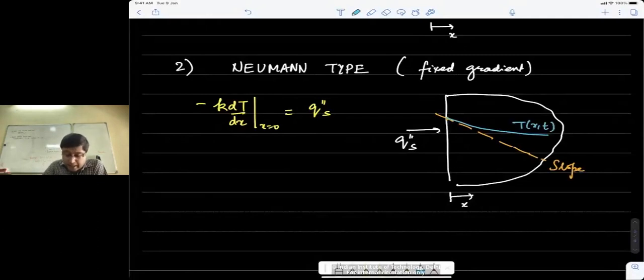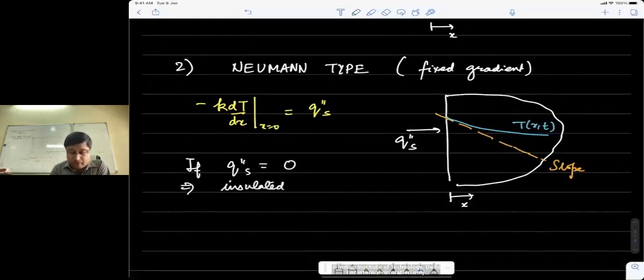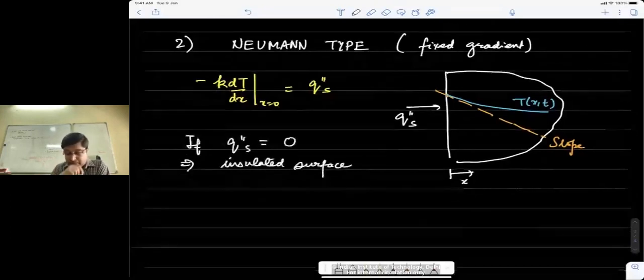There is a special case in the Neumann type condition: in case the flux is 0 at that surface, that is, if q double dash s is 0, which is the case when we talk about an insulated boundary condition or an insulated surface. We will say that the surface is insulated because there's no heat going through that surface.